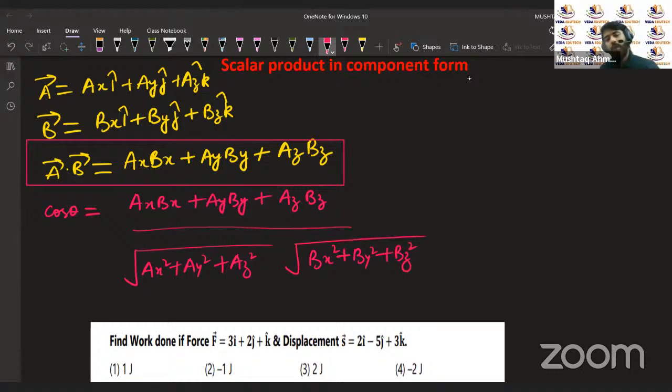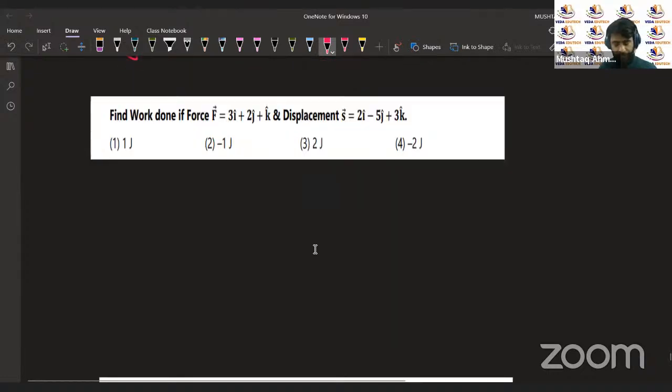So that's how we'll be calculating the angle between the two vectors if they are given in rectangular form. So let's try to solve this question.